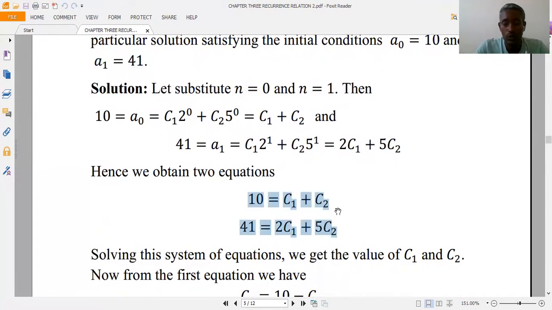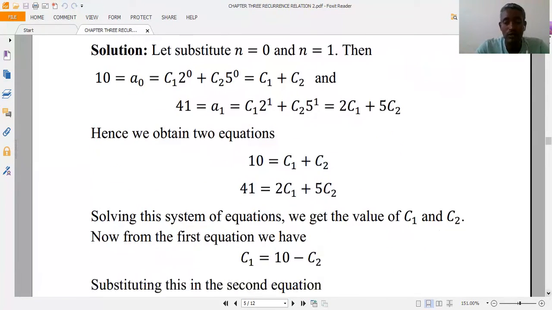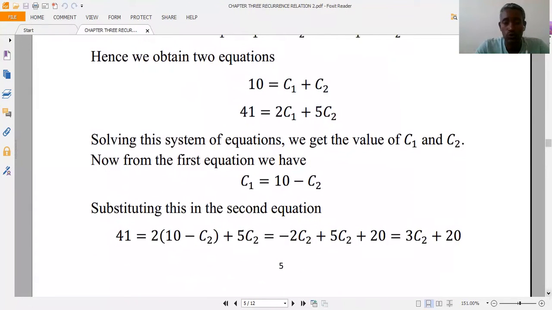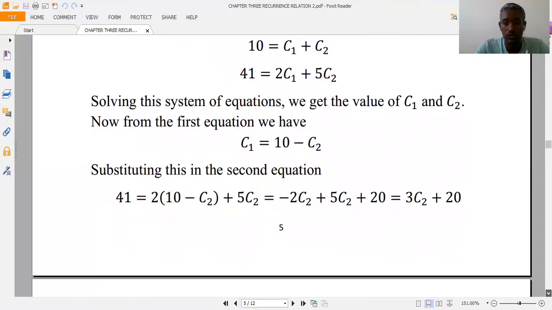Solving these two equations simultaneously or by substitution, we get the solution for the arbitrary constants C1 and C2. From the first equation, C1 is equal to 10 minus C2. Substituting this C1 into the second equation, 41 is equal to 2 times (10 minus C2) plus 5C2, which is minus 2C2 plus 5C2 plus 20, which is 3C2 plus 20.